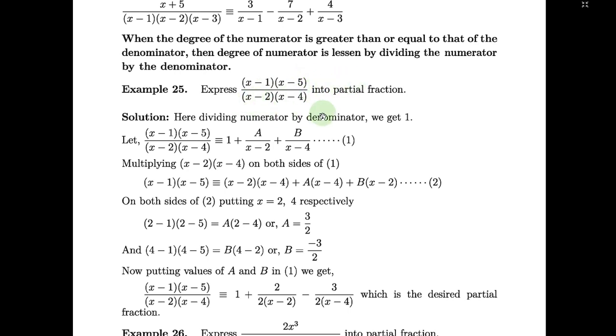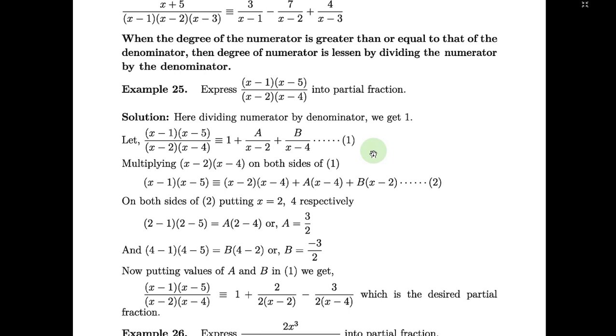So dividing the numerator by the denominator, here is x square and here is x square. If you divide the highest degree terms, you will get 1.